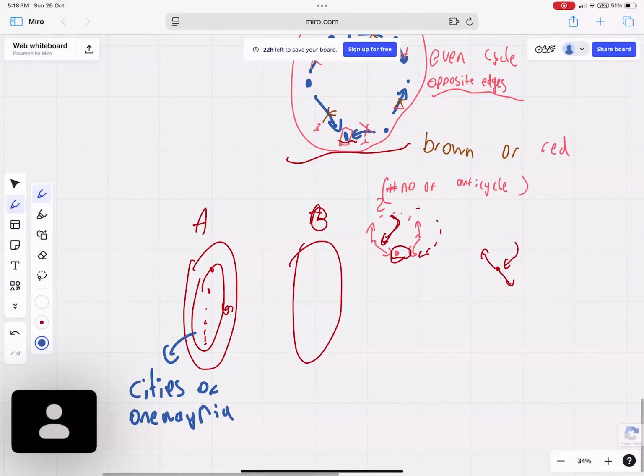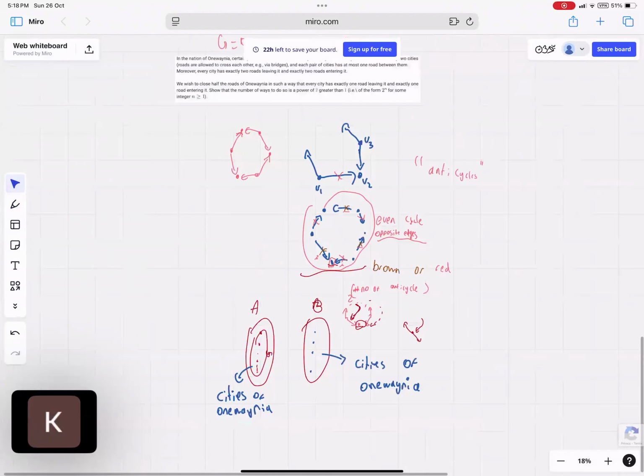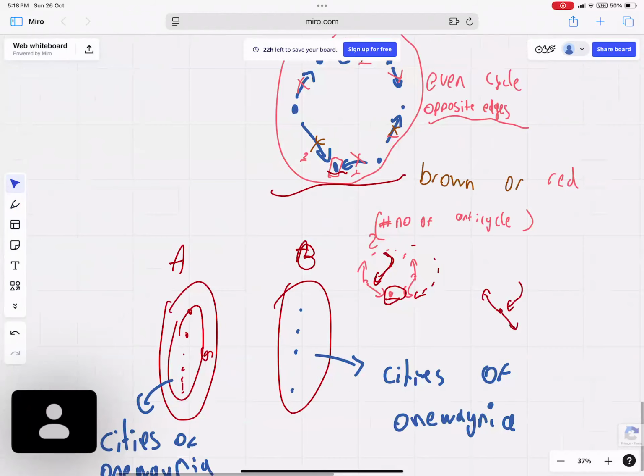The vertices of B are also cities of Onvania. Is this graph clear to you? What we're doing here? Yes. We're creating a graph on this graph, and the way we make it. Okay, does anyone have a guess on how we're drawing the edges?